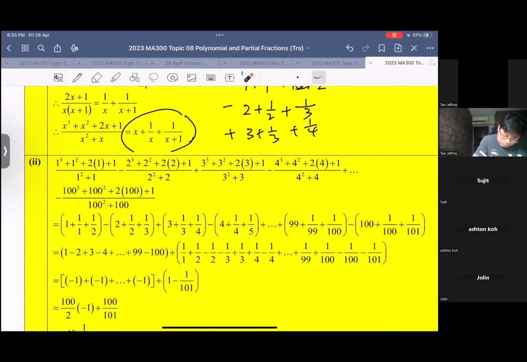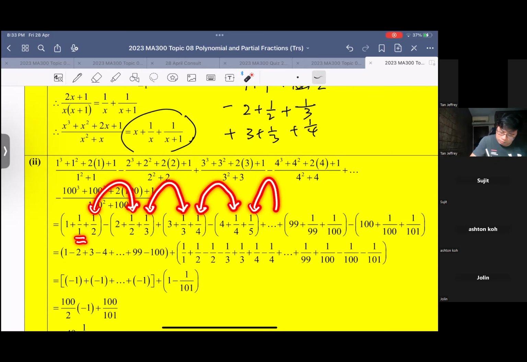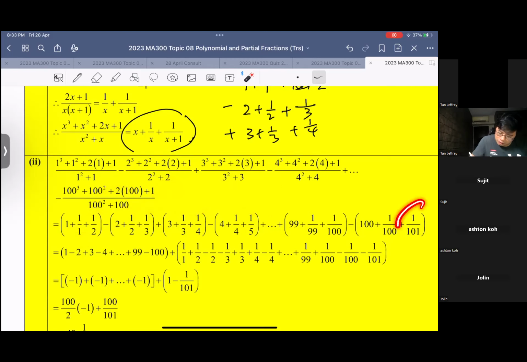So actually, you see the pattern is here: 1 over 2 minus 1 over 2, minus 1 over 3 plus 1 over 3, 1 over 4 minus 1 over 4, plus 1 over 5 minus 1 over 5. So all the in-between fractions will cancel off. The only ones you are left with are 1 and minus 1 over 101. That's why I'm left with 1 minus 1 over 101.